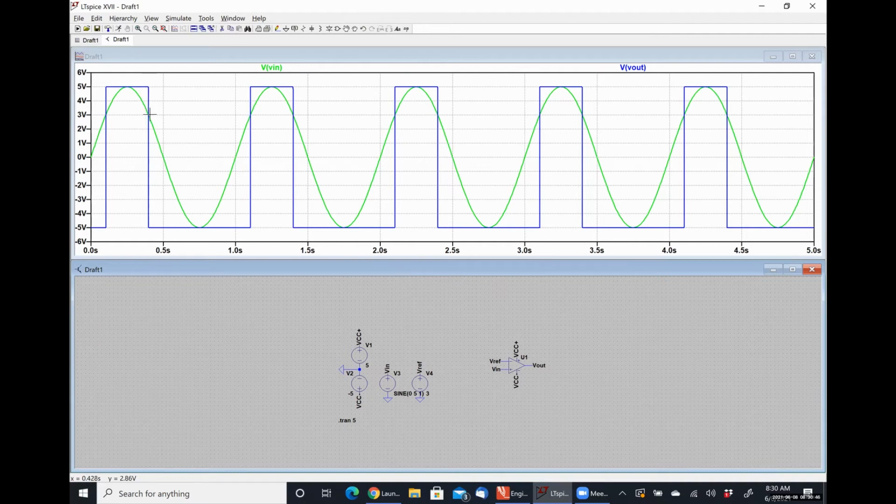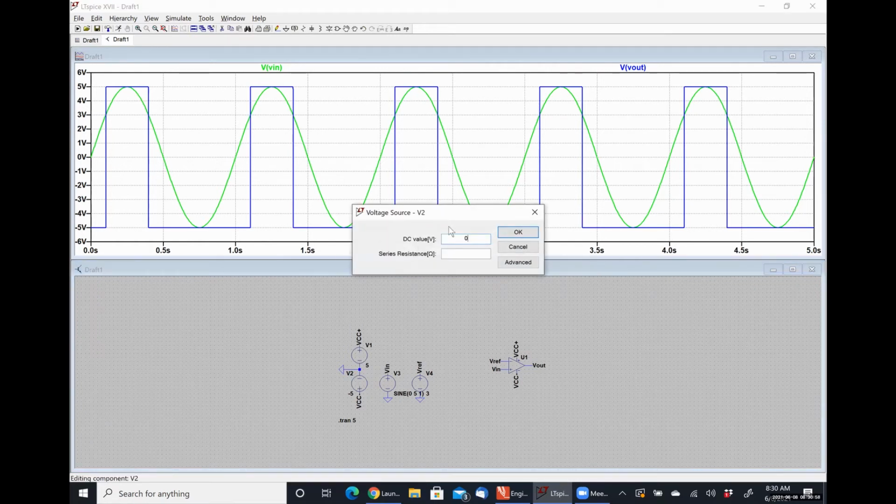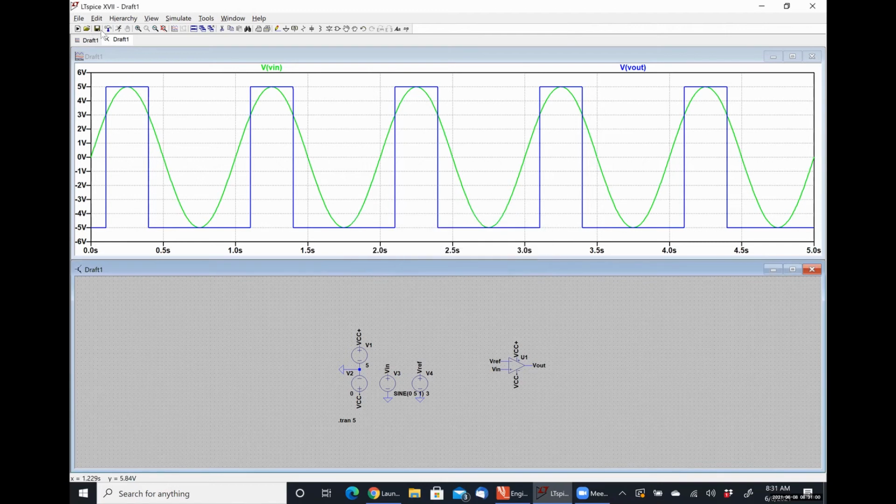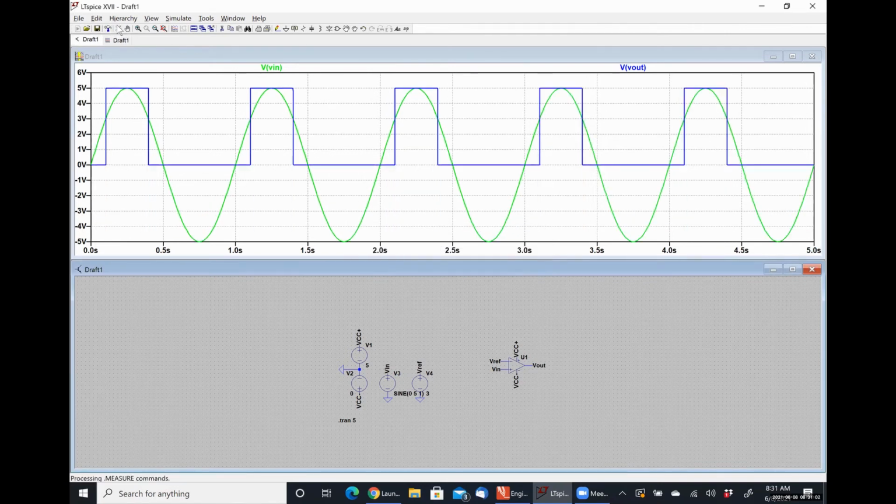And everywhere that my input voltage is less than 3 volts, my output voltage, which is the blue curve, swings down to negative 5 volts because I chose the wrong thing here. So let's put this at 0 and fix it. Sorry for the mistake. There we go. So everywhere that my input signal is less than 3 volts, my output goes to digital low, which is 0.